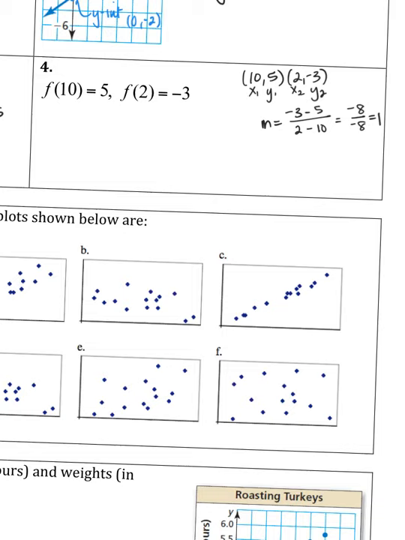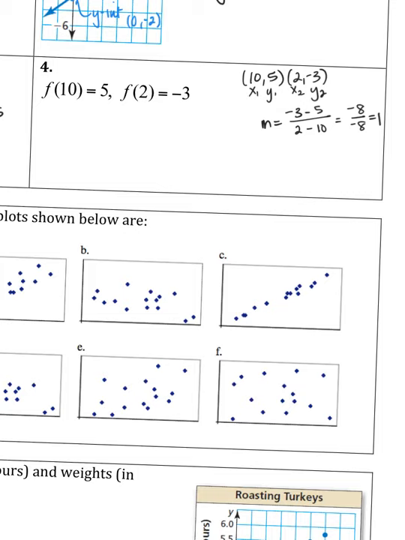Considering neither one of these points are y-intercepts, I have to use my point-slope form first to solve for y and get it in slope-intercept form.